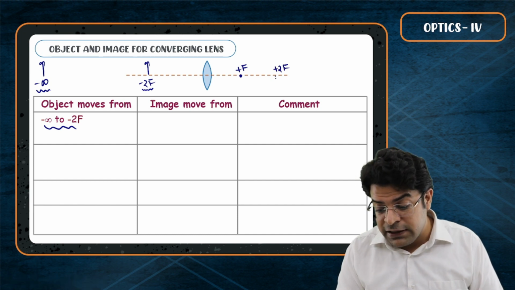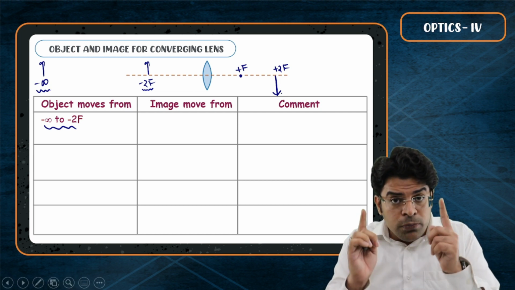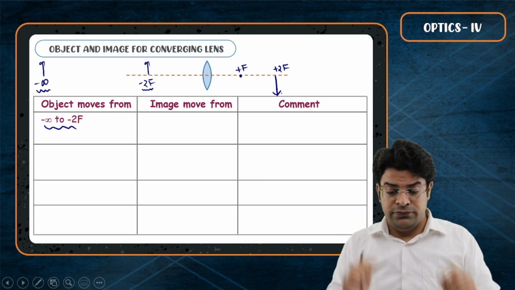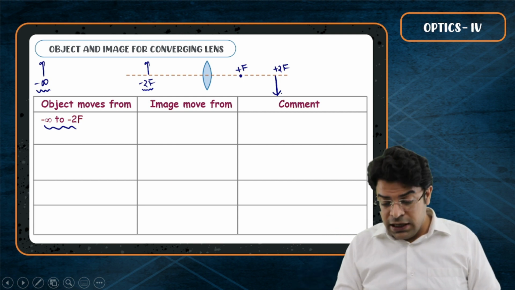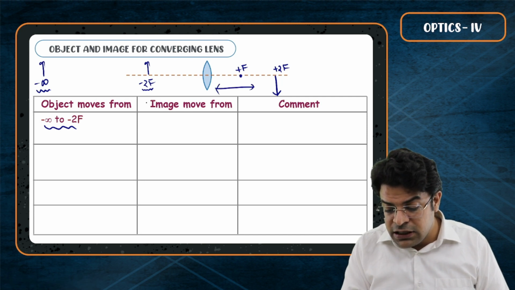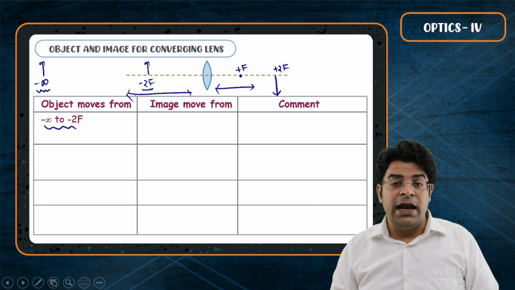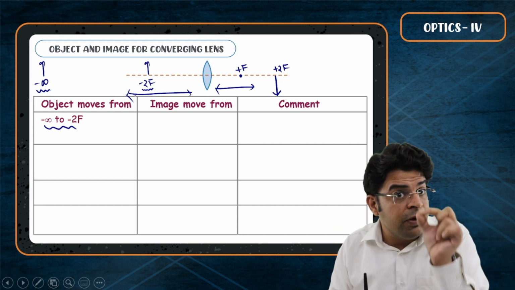You can verify this using the lens formula. As the object and image are on different sides of the lens, we will say that the image is inverted. The image is closer to the lens compared to the object, so the image will be diminished. And as these rays are actually meeting, the image will be real.